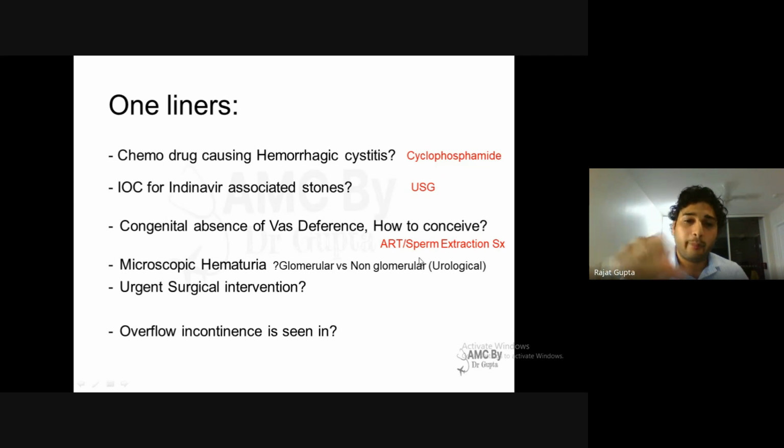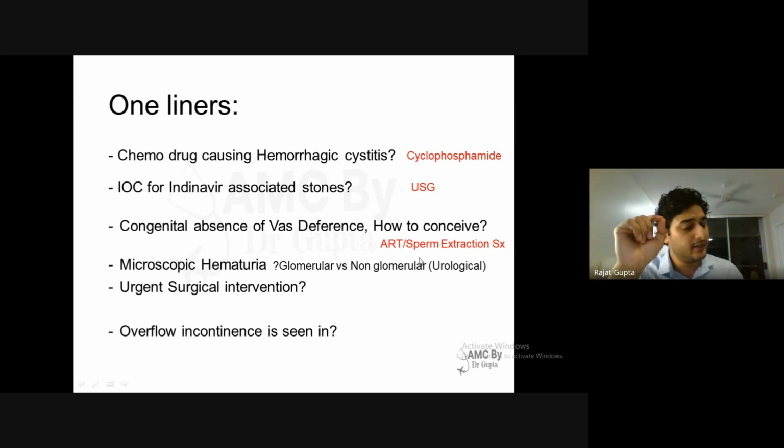There is no passage. So there is no road, but the cars are there. So we have to get the car and do an assisted reproductive technique and conceive. So sperm extraction is the word you are looking for, or assisted reproductive technology, IVF. So these are the techniques. No surrogacy is needed because there are sperms.